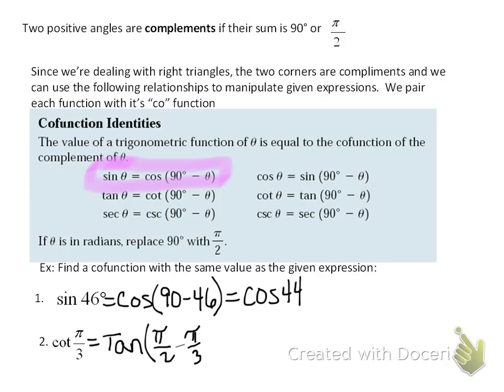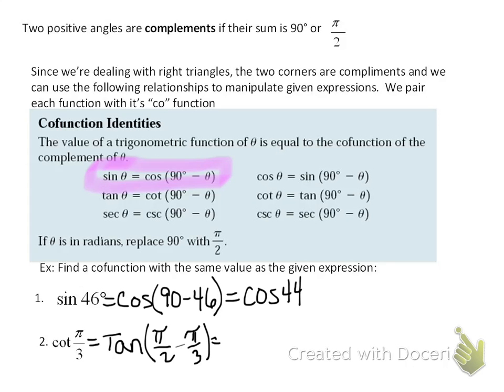Why wouldn't you just keep 90 and then change pi over 3 to degrees? No, if you're given radians, you want to stay in radians. You want to not be in the habit of switching back and forth between radians and degrees in the middle of one problem, and that's leading somewhere like next year.